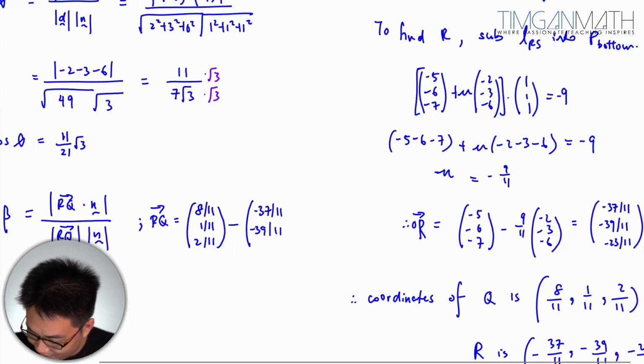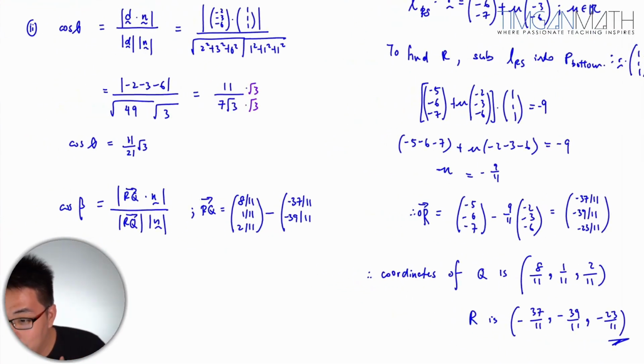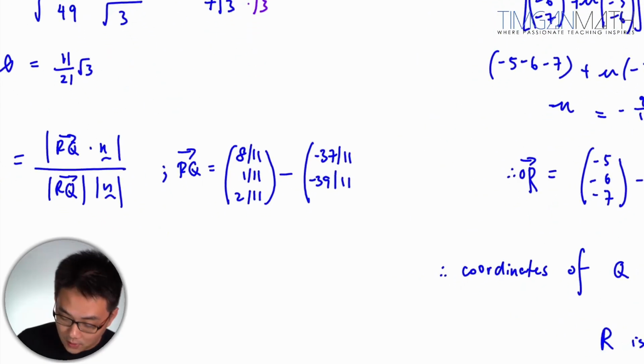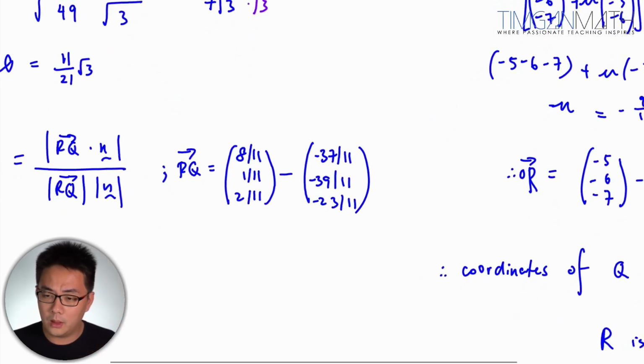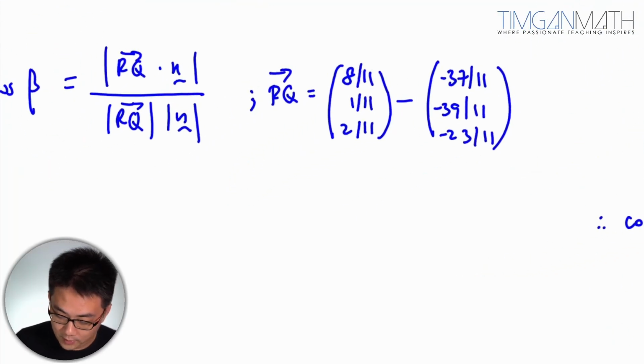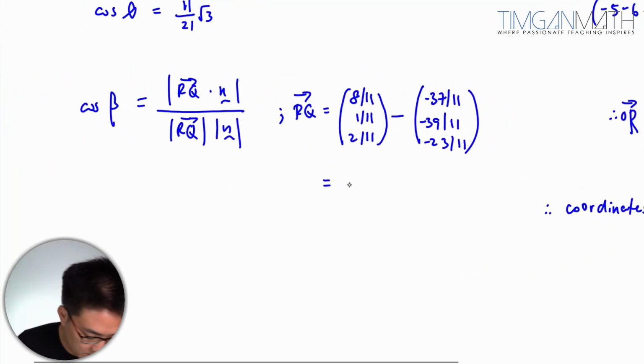I just can't use my normal calculator to work it out. Okay, hold on. So we have 8 plus 37, which is 45 over 11. That will be 40 over 11. Just add it up, and this will be 25 over 11.